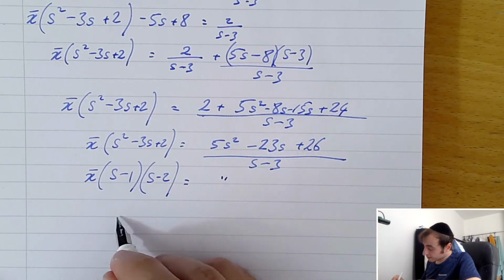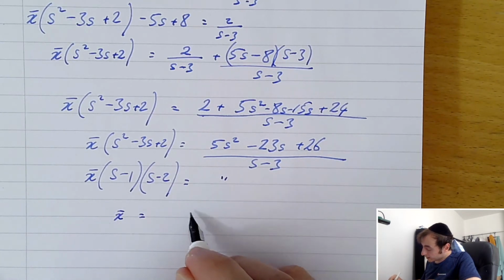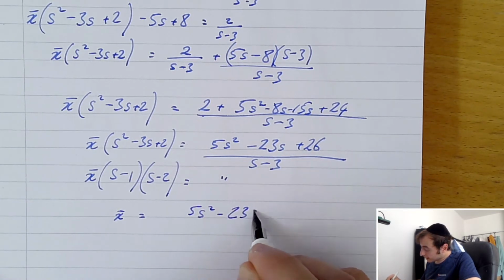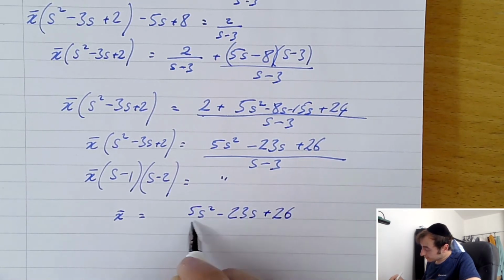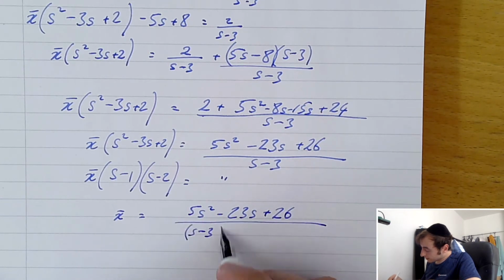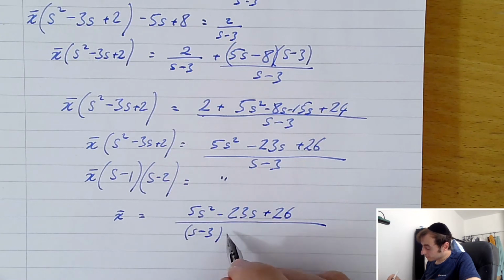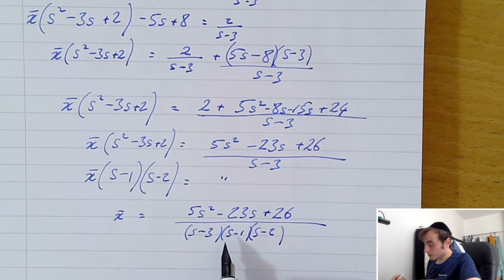So we can say now that x bar is going to equal 5s squared minus 23s plus 26, all on s minus 3, and then we're just going to divide by s minus 2 and s minus 1. So that's what x bar is now.